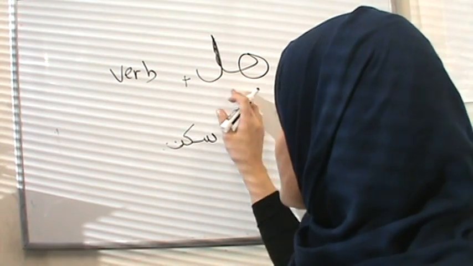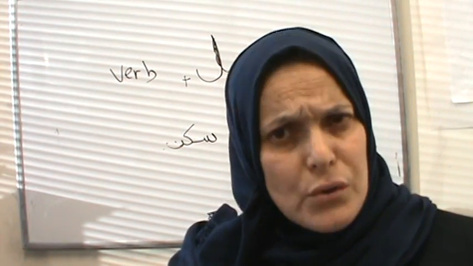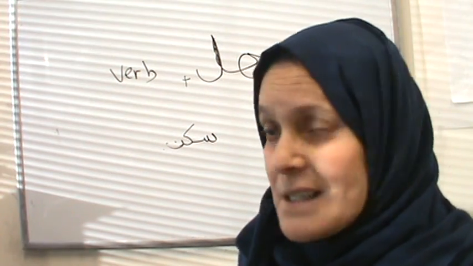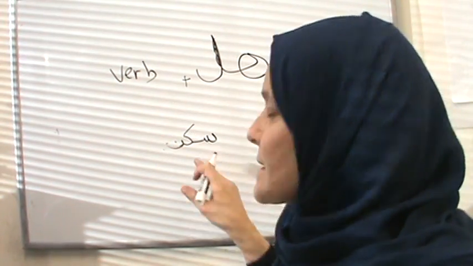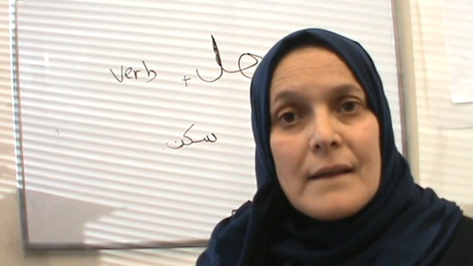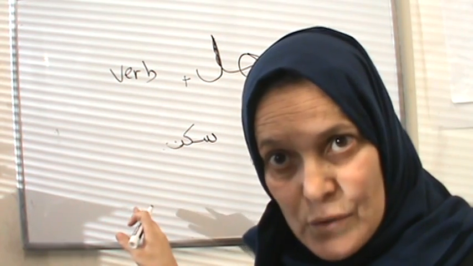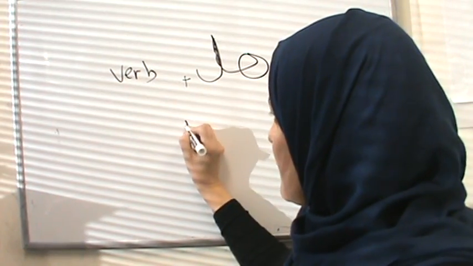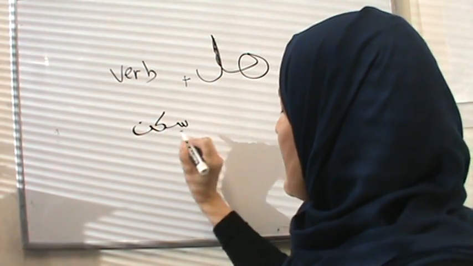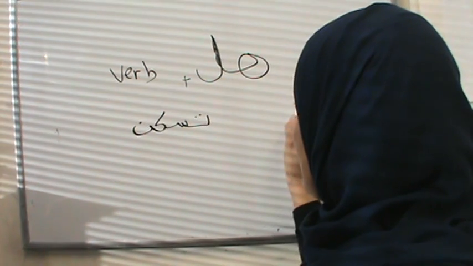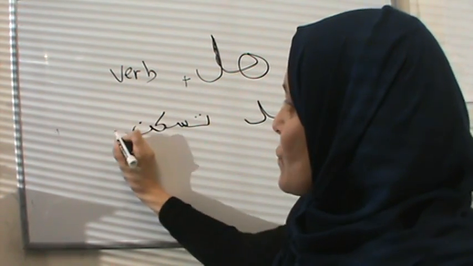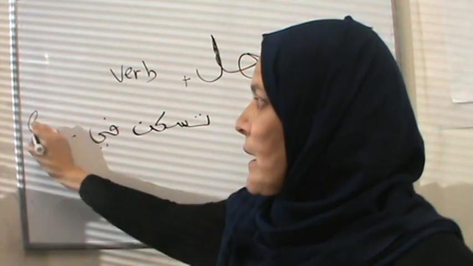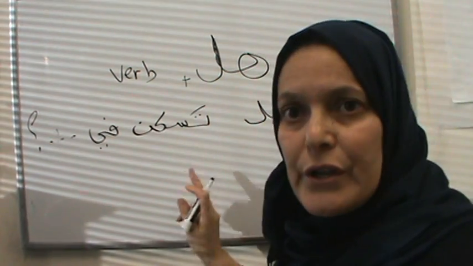Let's say I want to ask someone, do you live in Denver, which is my home city? Hal plus, and you have to conjugate the verb sakana. What I do, I put taskun, and I'm gonna say هل تسكن في, and you put هل تسكن.